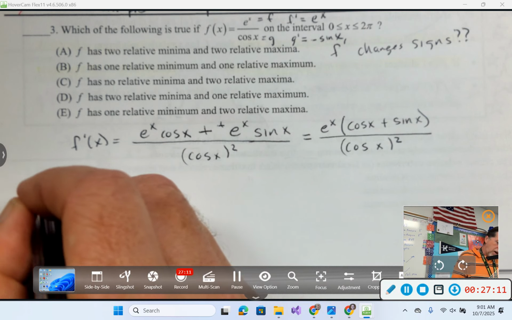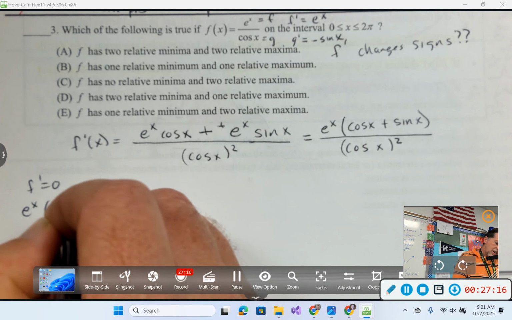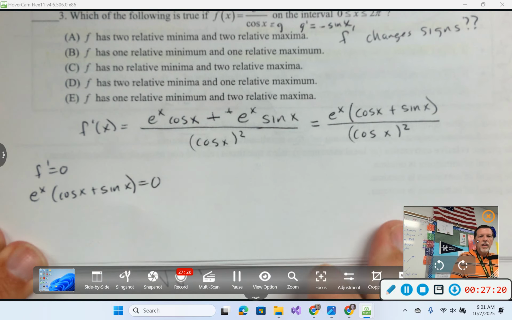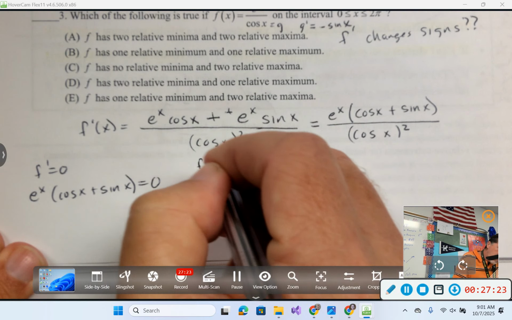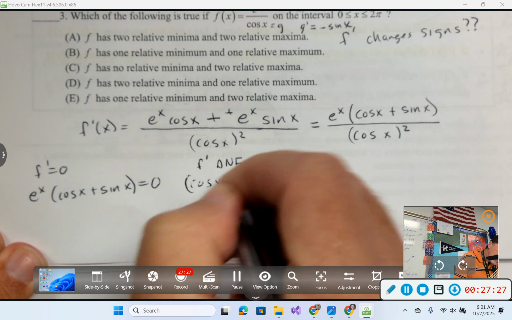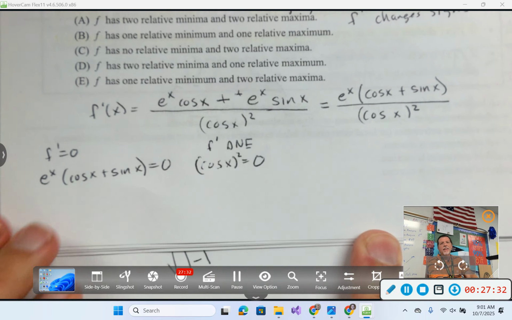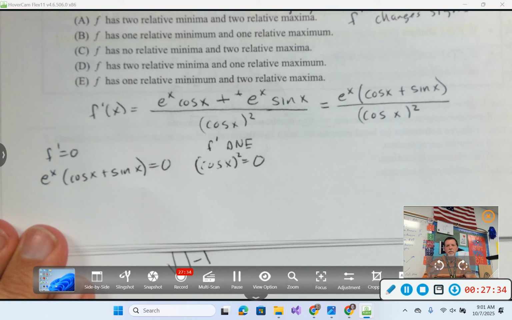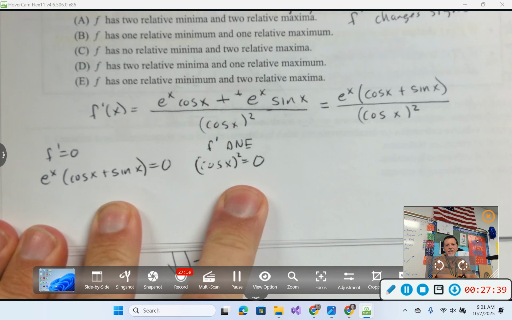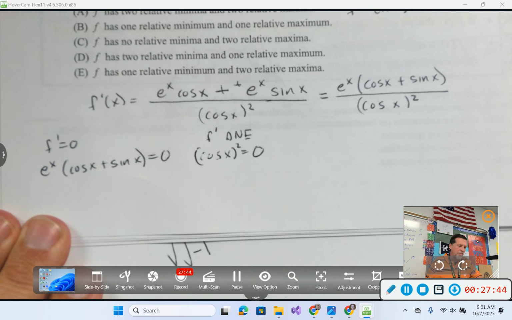So f prime equals 0 when the top is 0, and f prime doesn't exist when the bottom is 0. Took a derivative, set them equal to 0. So I'll find this set of answers, put those on a number line, and then I'll have to check the plus and minus stuff.